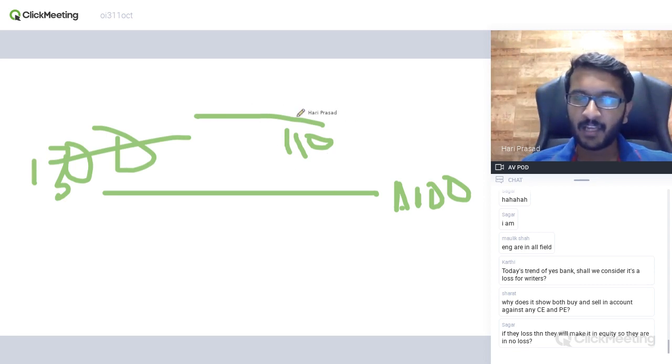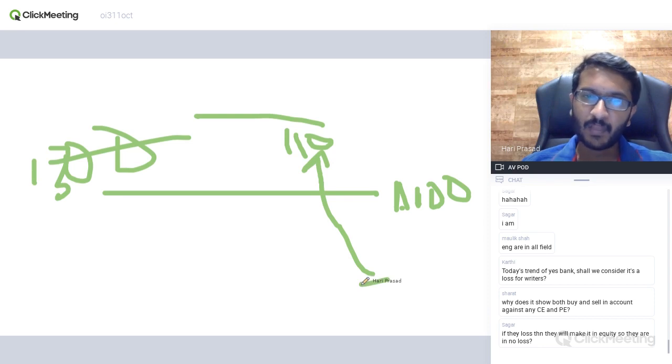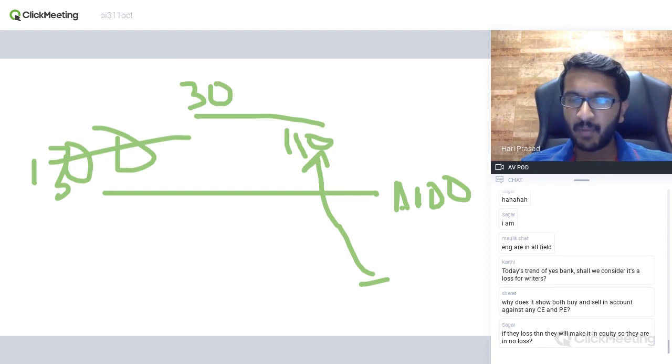When I'm writing a call at 110, there will be somebody else speculating that the price is going to go up to 110. He will be paying me a premium, let's assume 30 rupees. I'm receiving that, writing a call with my underlying asset.